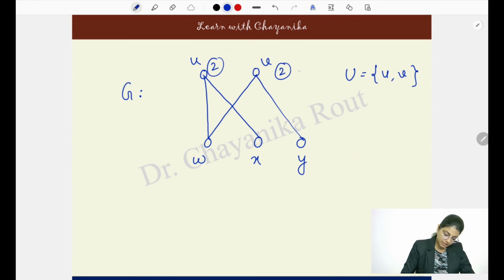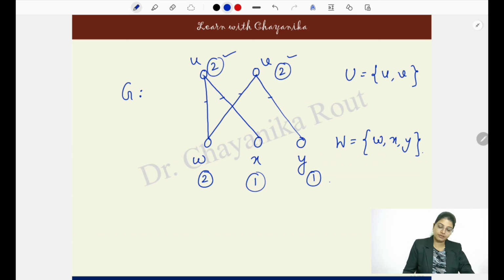The degree of V is 2. See the number of edges: 1, 2, 3, 4. Sum of the degrees of U and V is 2 plus 2, 4. You can check the other partite set W, X, Y. Degree of W is 2, degree of X is 1, degree of Y is 1. So the sum of the degrees is 2 plus 1 plus 1, 4, and the number of edges is 4.